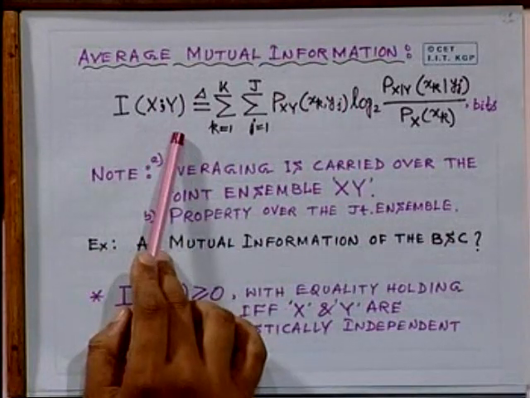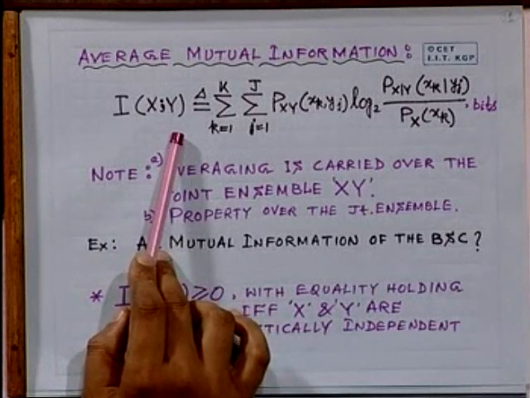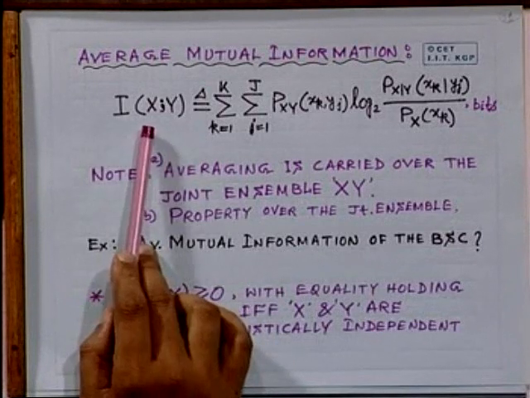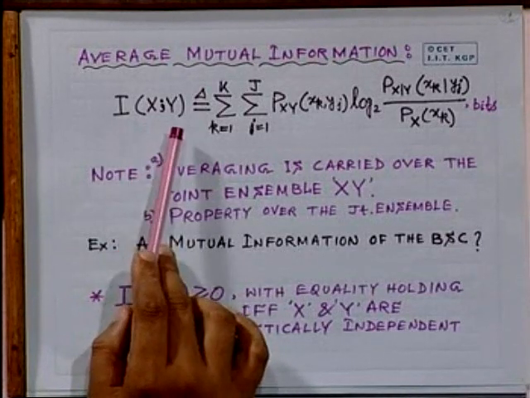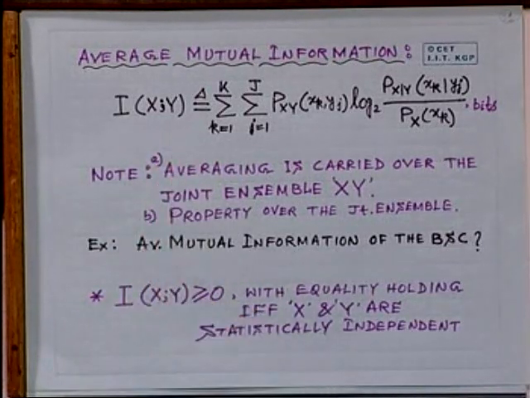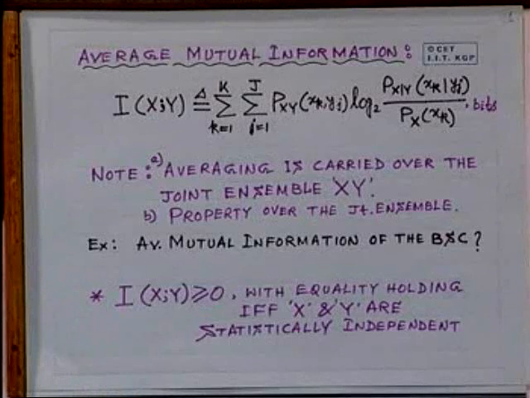I am indicating average mutual information not in terms of x k, x i or y k. I am simply showing the ensembles, capital X separated by a colon from capital Y, because once I have done this averaging operation, this parameter is not dependent on only one event. This parameter depends on all the events with their respective probabilities.